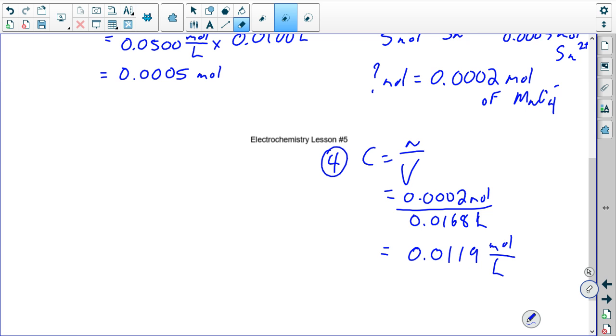So stoichiometry is the process of going through this step by step.